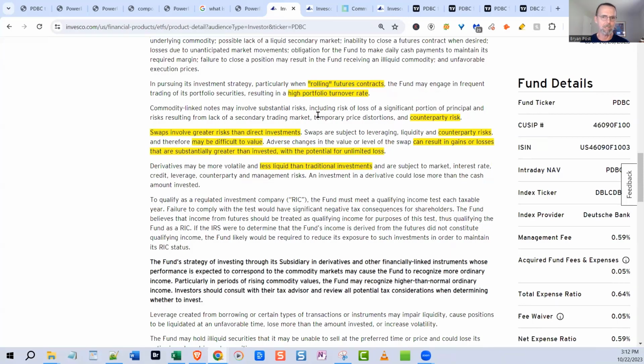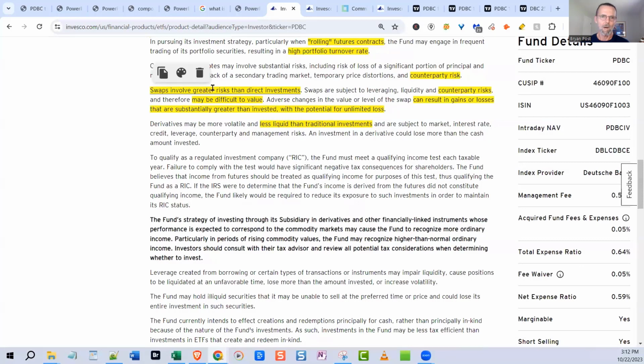Counterparty risk, I mentioned. Swaps involve greater risk than direct investments. Yes, indeed, they're derivatives. And as I mentioned, may be difficult to value. There are no regulated markets for trading swaps.